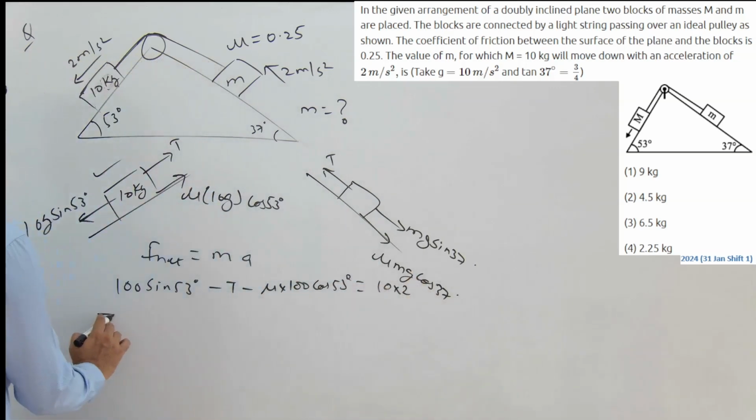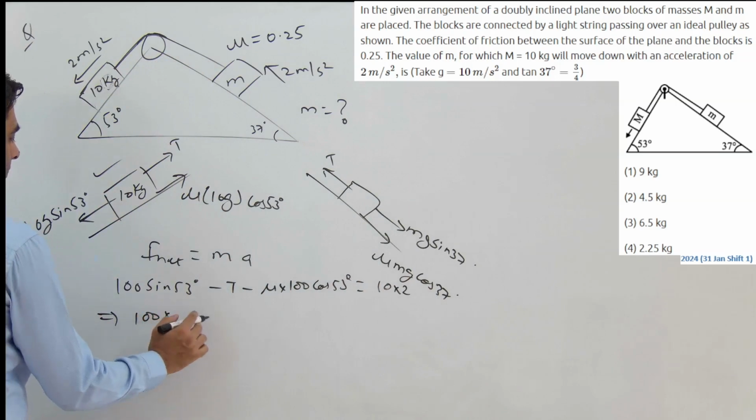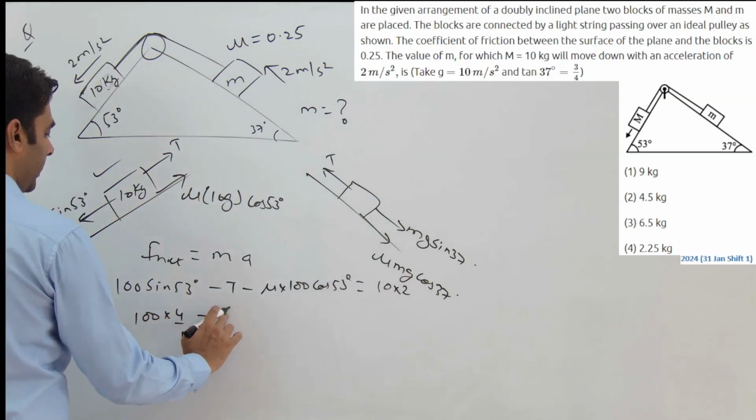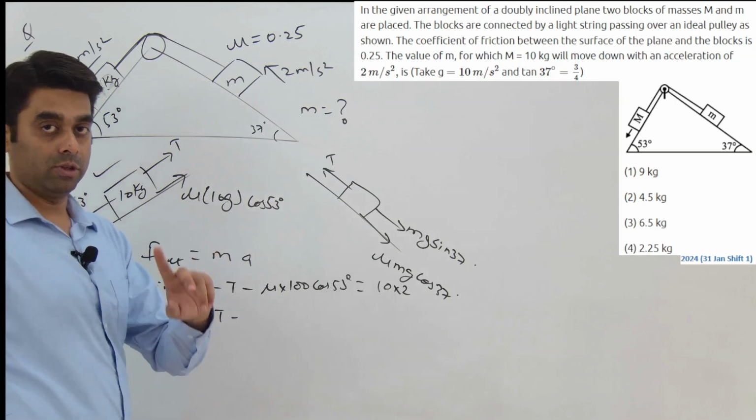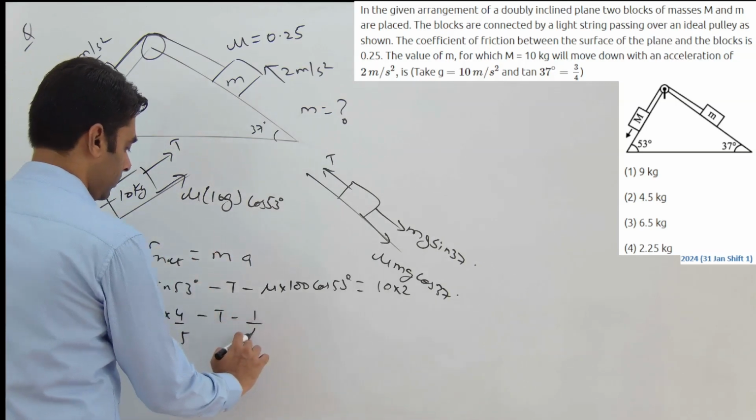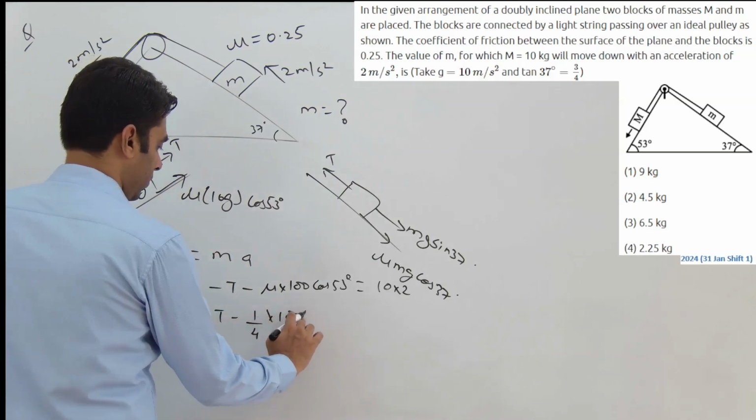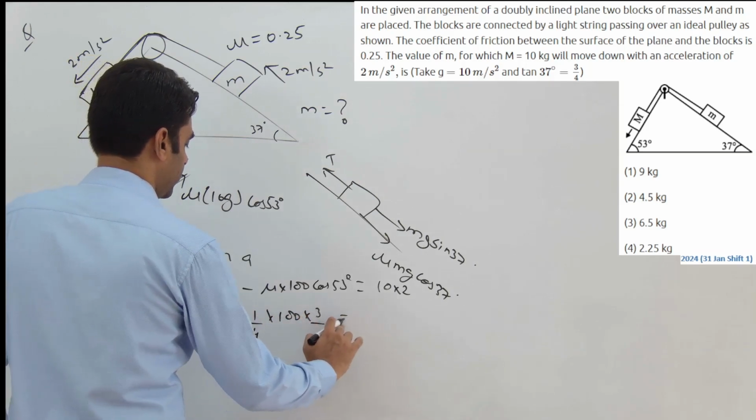Fine. Let's simplify this. 100 into sin 53, 4/5, minus T, minus mu value is given to us 0.25, 1/4, into 100 into cos 53, 3/5, equals 20.